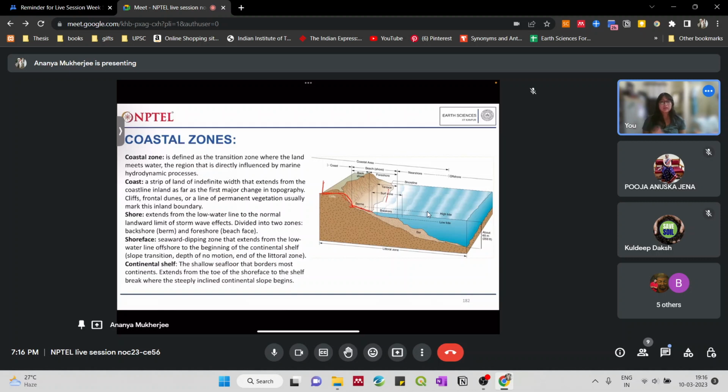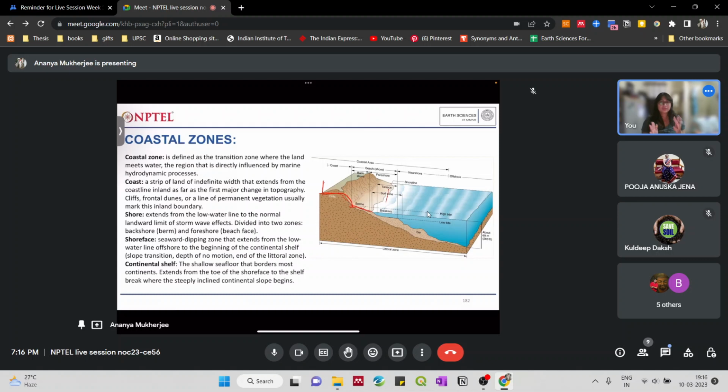Then you have shore. Shore extends from the low water line to the normal landward limit of storm wave effects. You will have two zones over here, the backshore and the foreshore. We will get into how the storm profile looks in the later slides.